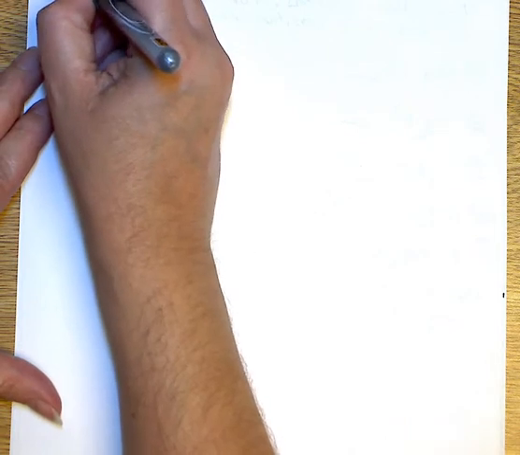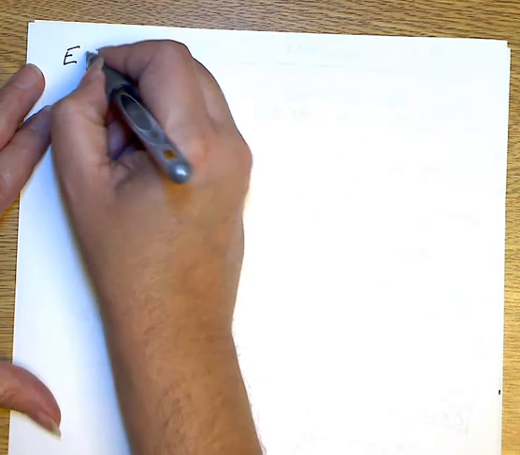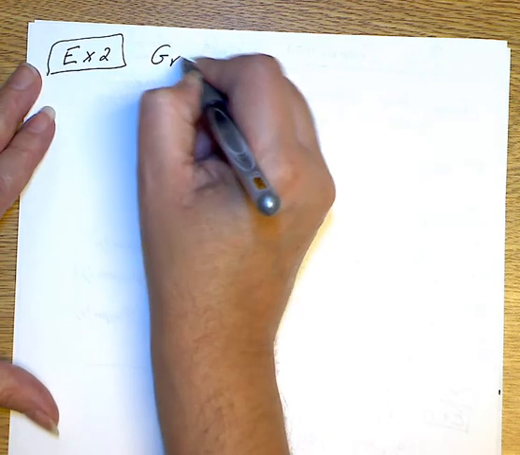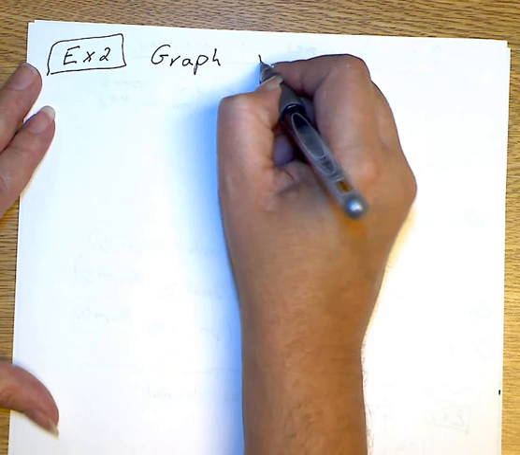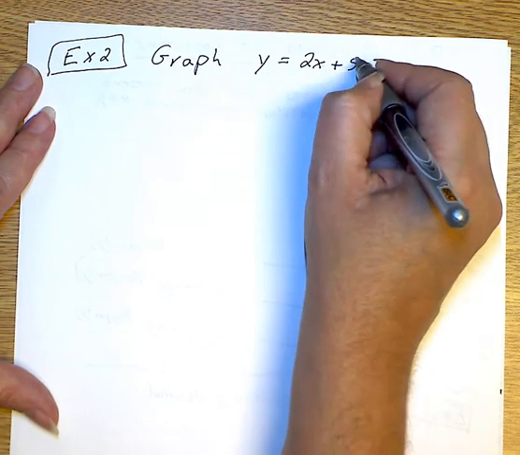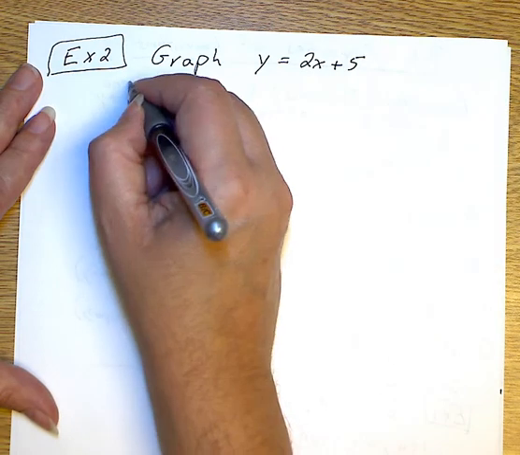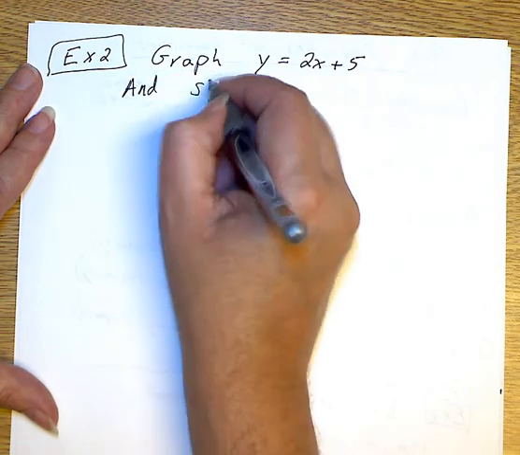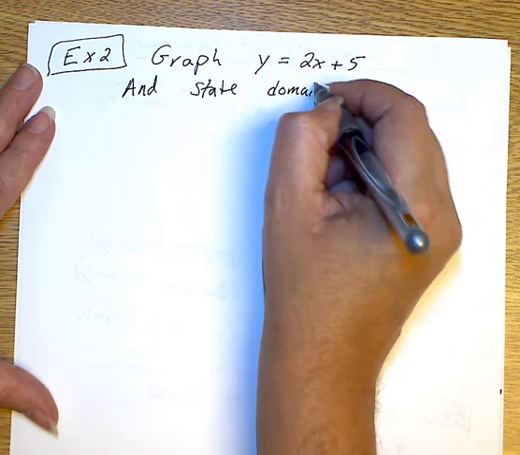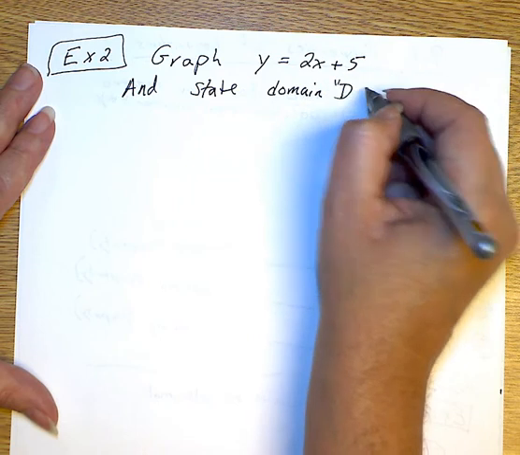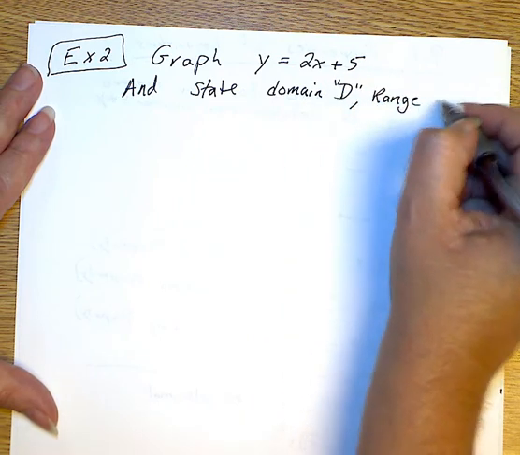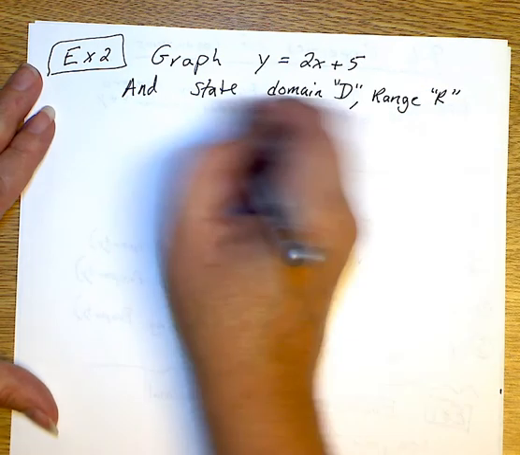All right. Example 2. Graph y equals 2x plus 5 and state the domain, which is our D, our range, which is our R, and is it a function?